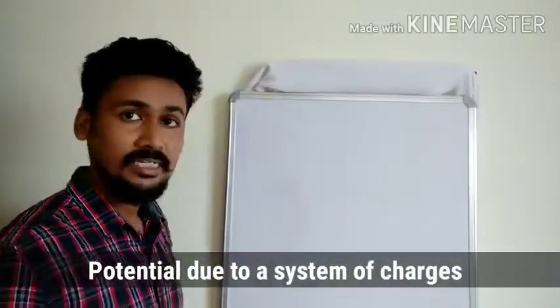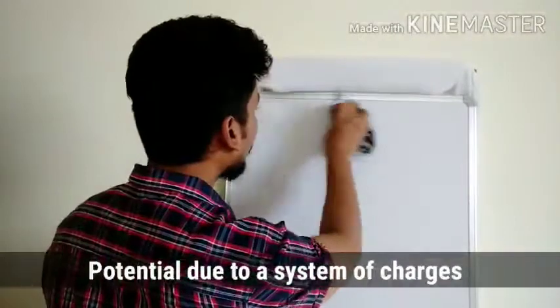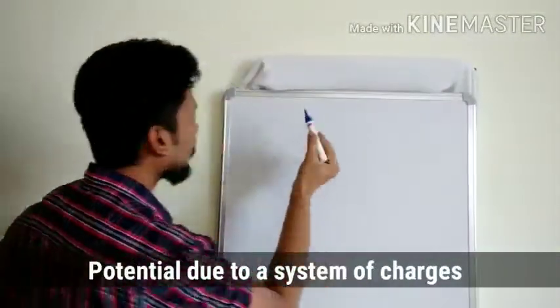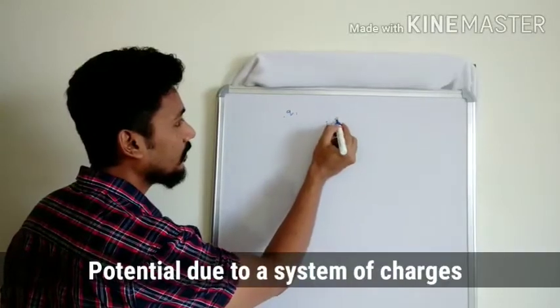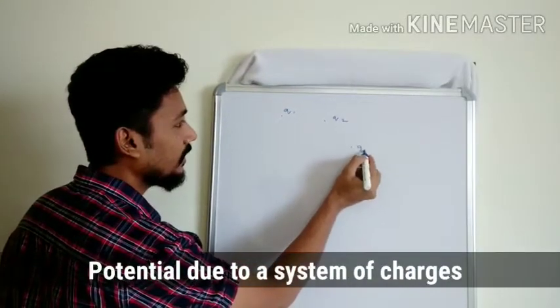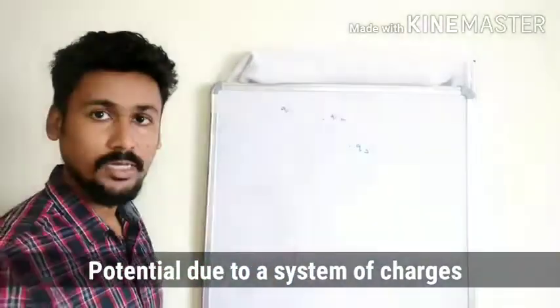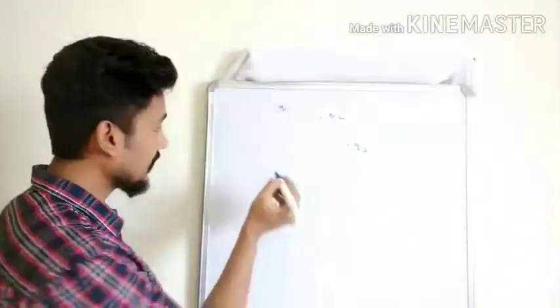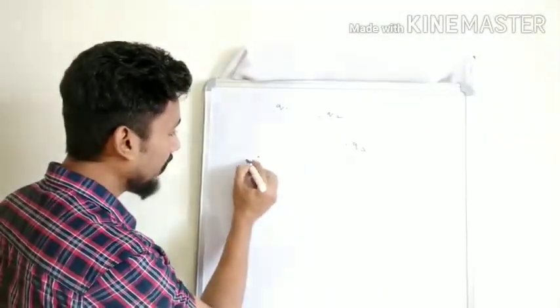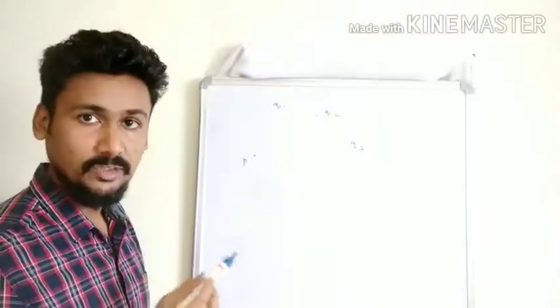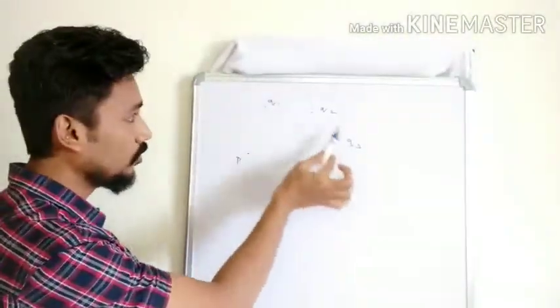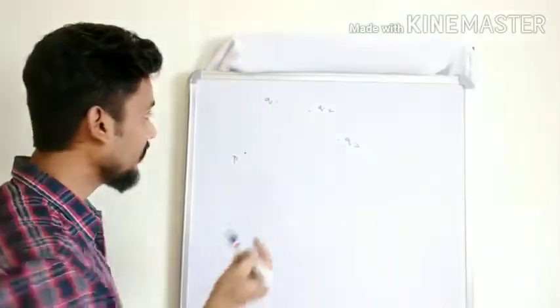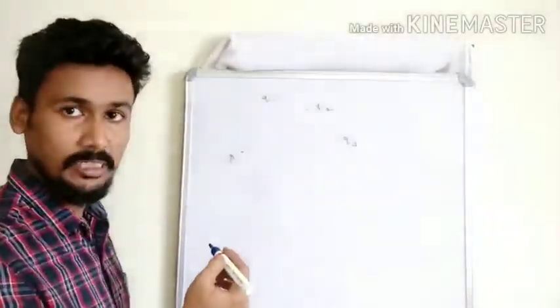We will start with 3 charges first. Let us say there are 3 charges, Q1, Q2 and Q3. These are our 3 charges. There is a point P. The task is to find out electrostatic potential at P because of Q1, Q2 and Q3. To do that, first let us make the position vectors.